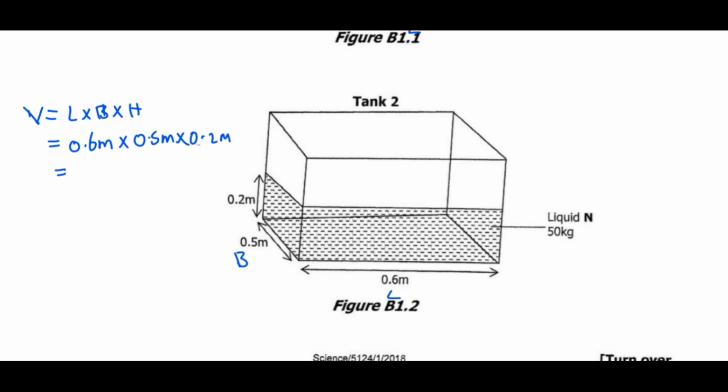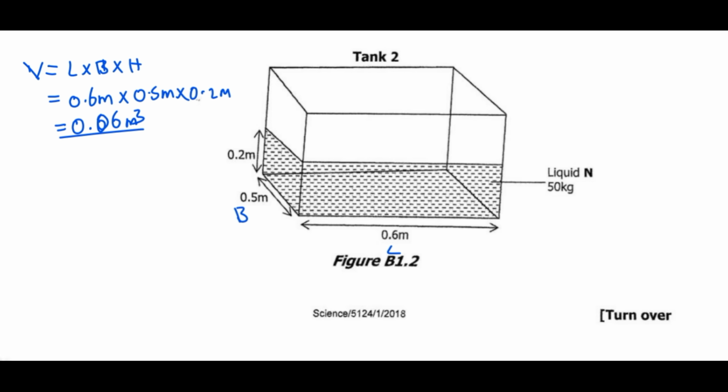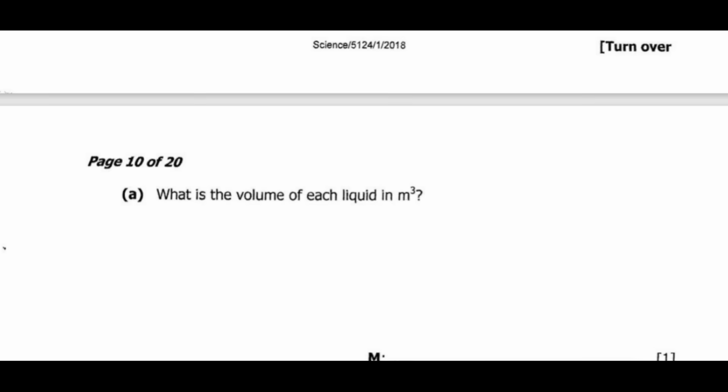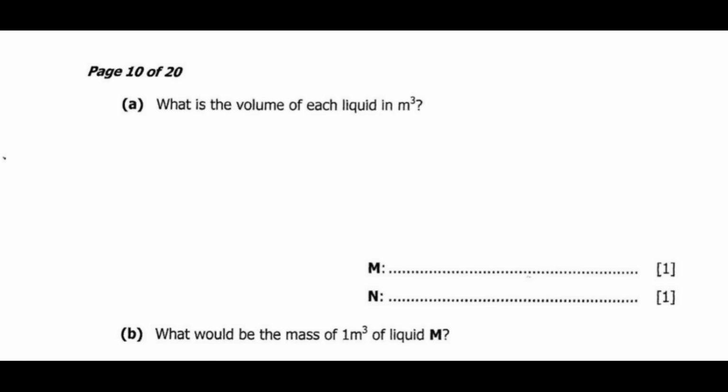So 0.6 times 0.5 times 0.2, I'm getting 0.06 meters cubed. So these are the answers for question A.